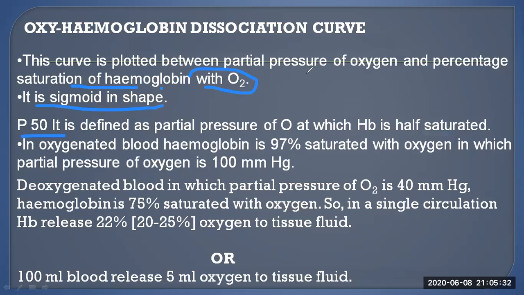In this graph there is one position known as P50. What is P50? It is defined as the partial pressure of oxygen at which half of the hemoglobin molecules are saturated. Hemoglobin has particular sites known as active sites, and at P50 half of them are occupied.